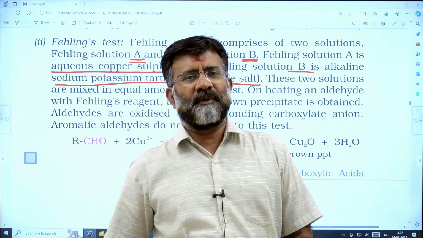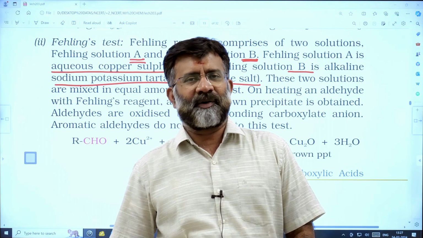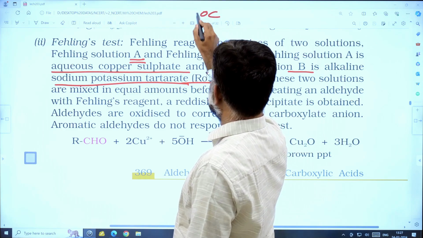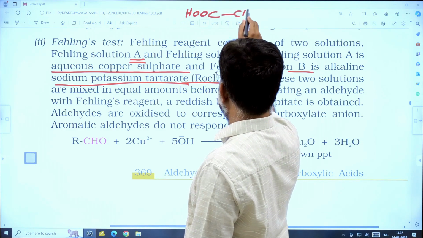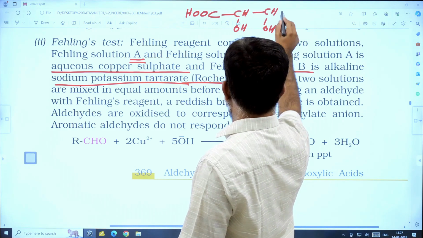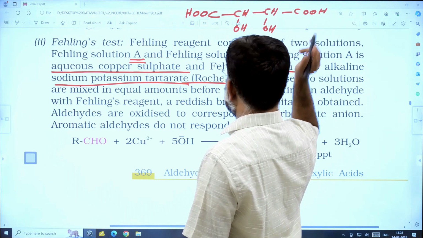Tartarate comes from tartaric acid, the acid present in tamarind.